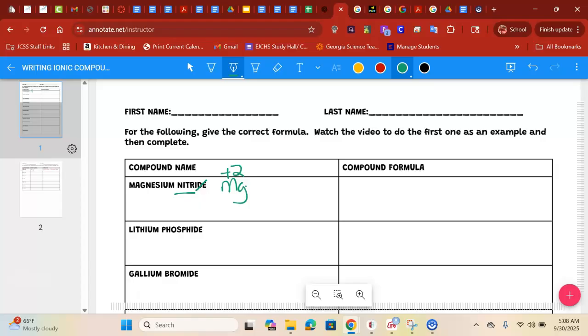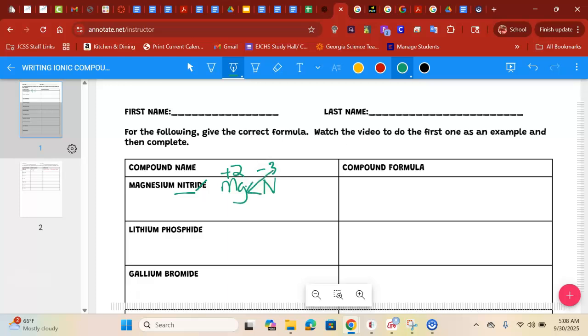Okay? And so that's going to be N. And this is probably the hardest thing about these, is figuring out what the symbol is, okay? Because we're working backwards on this. And so it has an IDE on it. That had to be nitride, okay? All right, so nitrogen has a -3.